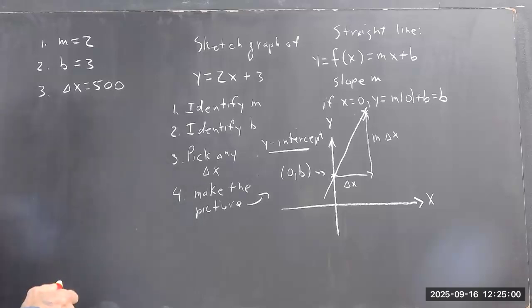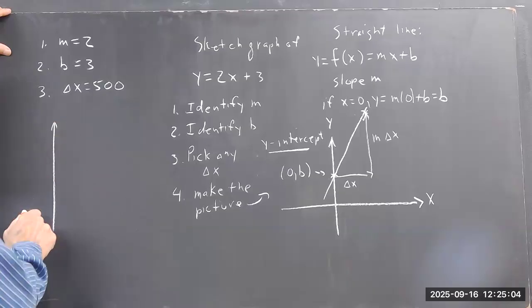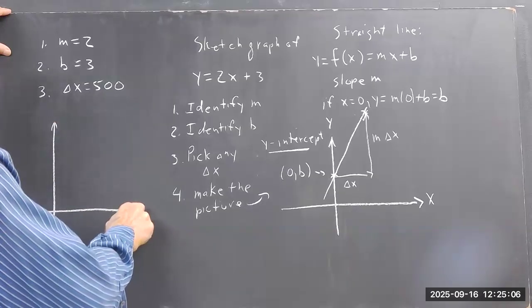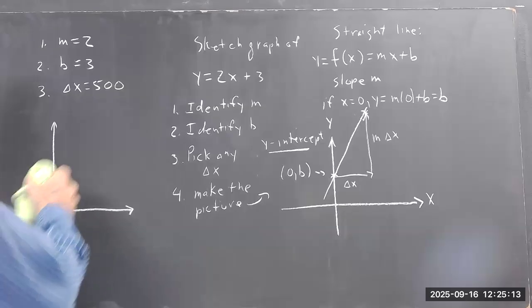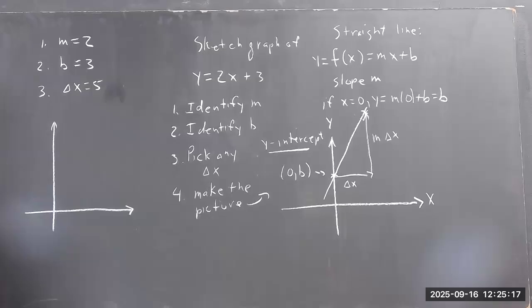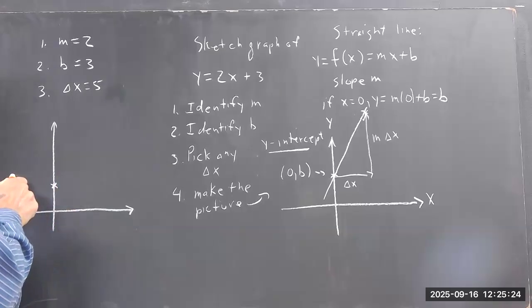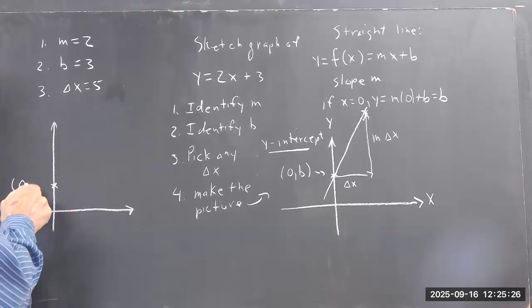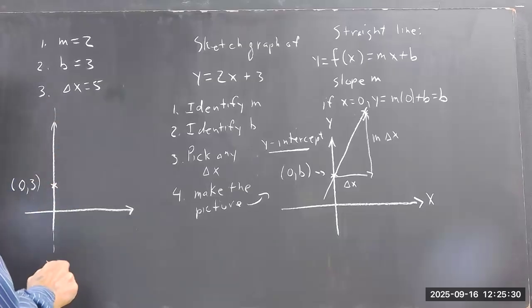And make the picture. Here's our picture. If b is 3, x equals 500 is overkill. So I'll just use x equals 5. Okay, so here is my y-intercept. That's (0, 3), because this is the line x equals 0.